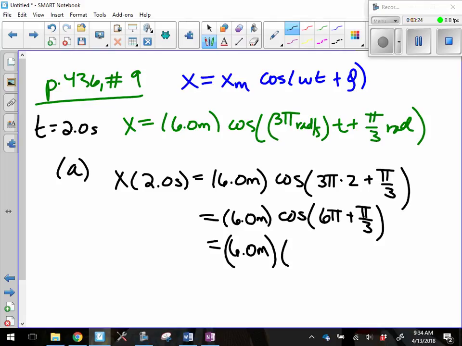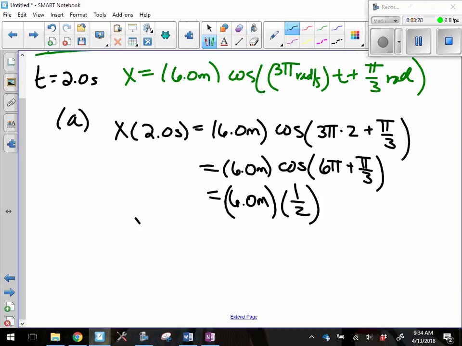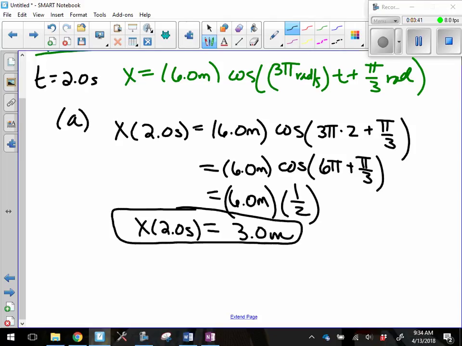Okay, I think that's about right. So what's the position going to be at 2 seconds? Yeah, 3.0 meters. So that's pretty straightforward.